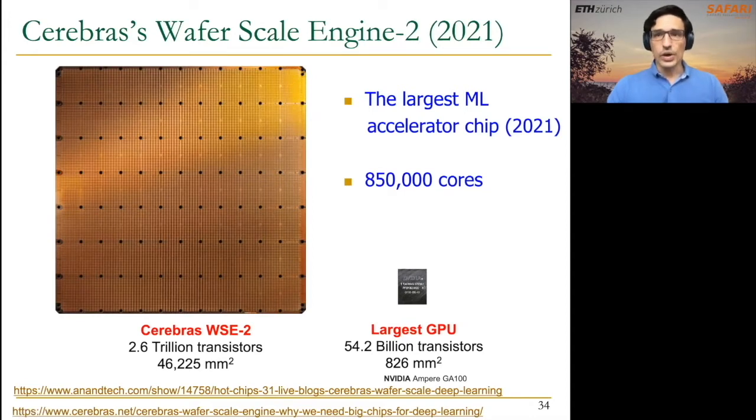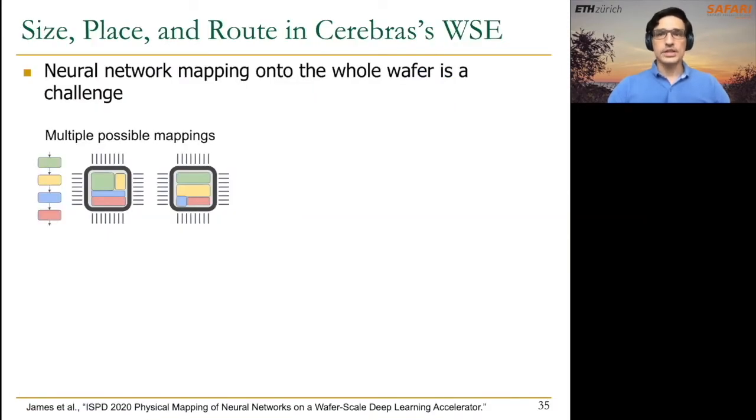Let's take a quick look at how we can use this Wafer Scale Engine. This device, as we already know, is an accelerator for machine learning workloads. For example, neural networks, as you know, are composed of multiple layers. So the idea here is that we are going to map these layers onto the different tiles of cores that we have inside the Wafer Scale Engine.